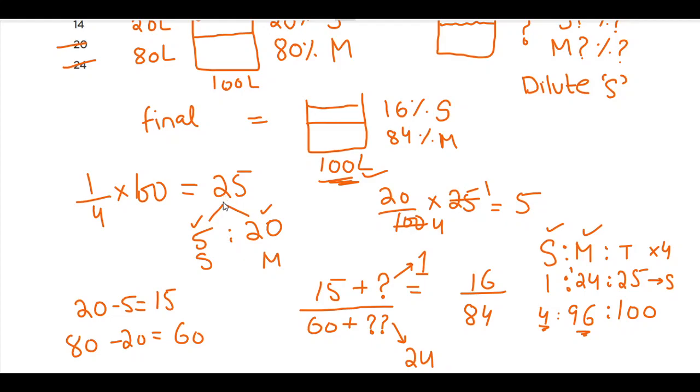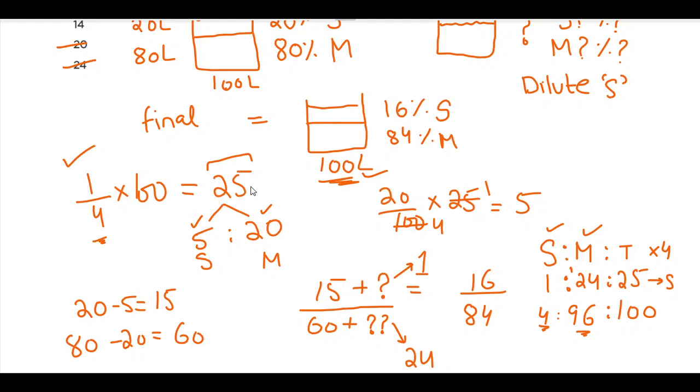This is basically given that 1/4 of the original part was removed, which is 25, and 20% of that part is Skittles. Now we are not talking in fractions, we're talking in absolute numbers.